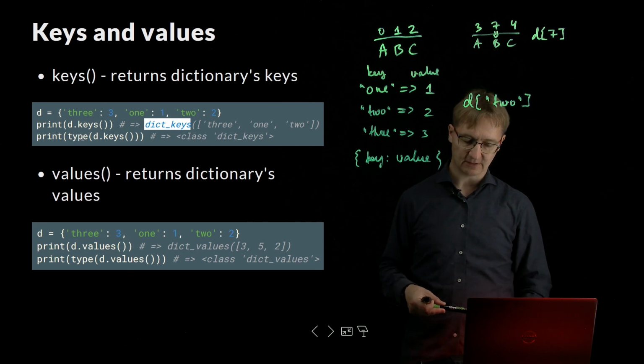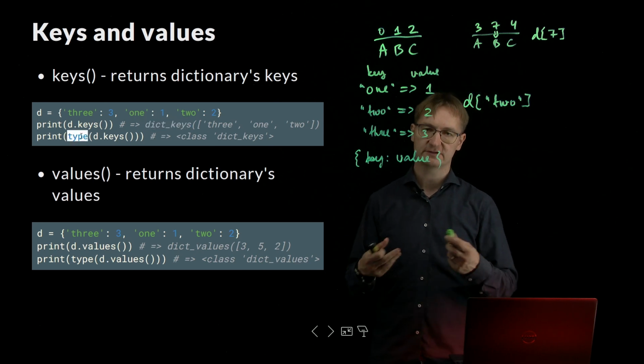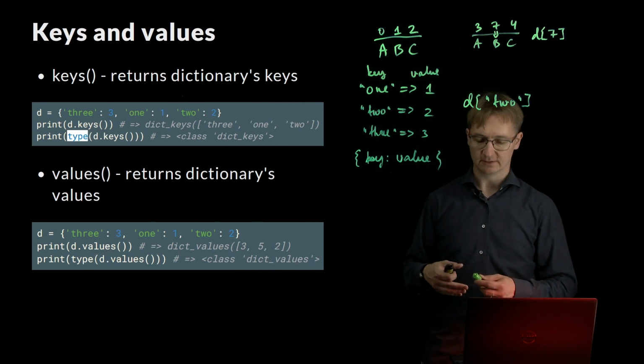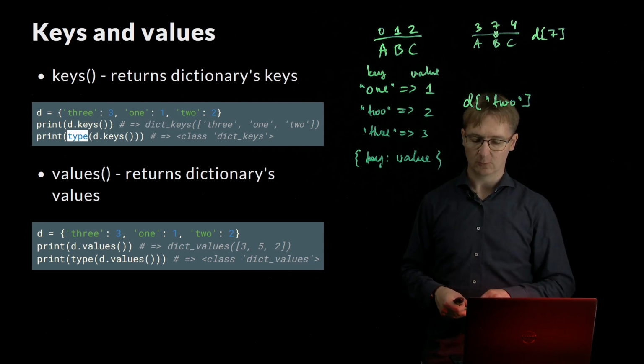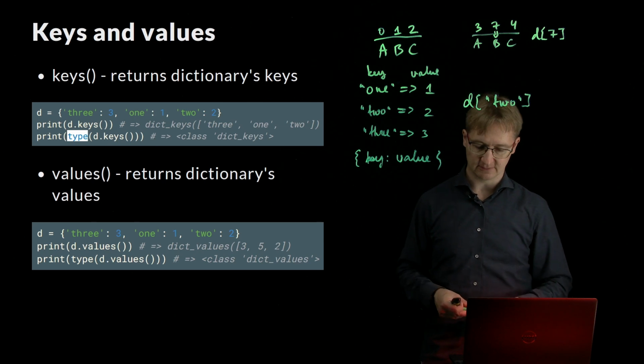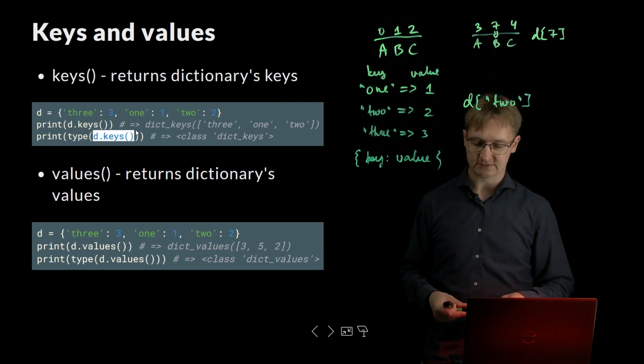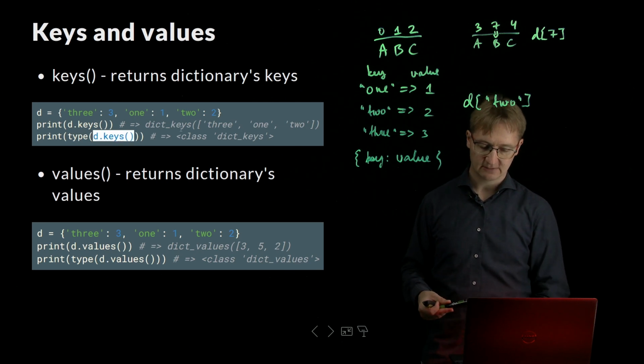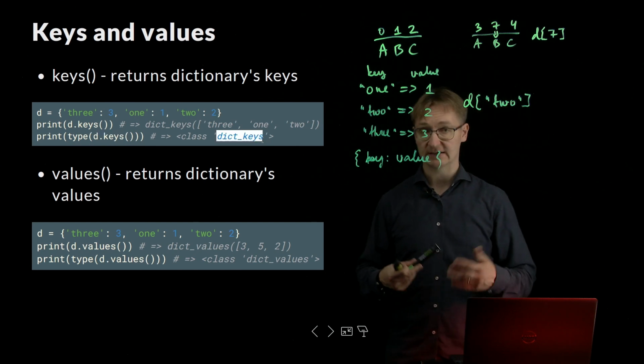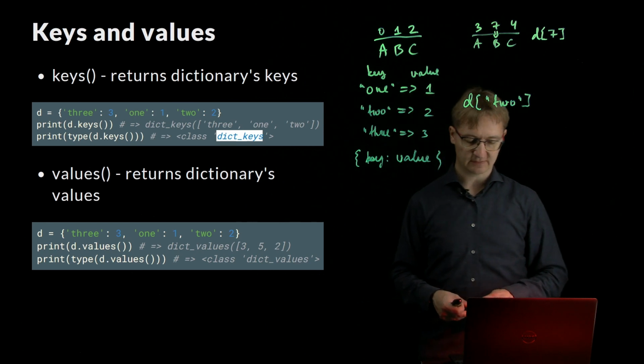If I print out the type, there is a special function in Python which you can use to know what the type is for a certain value. And if I print out what the data type is for this keys result, it shows that it's dict_keys. This is a special class in Python.